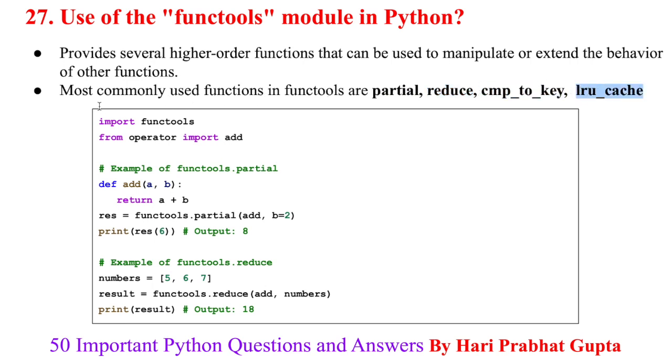Here in this example, functools.partial is used to create a new function that adds a constant value of 2 to its argument. And in the second example, functools.reduce is used to apply the add function to all the elements of a list, resulting in the sum of the numbers.